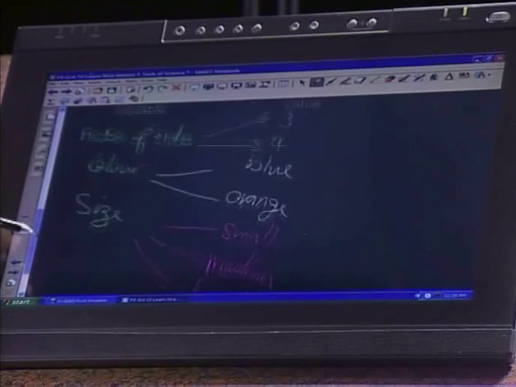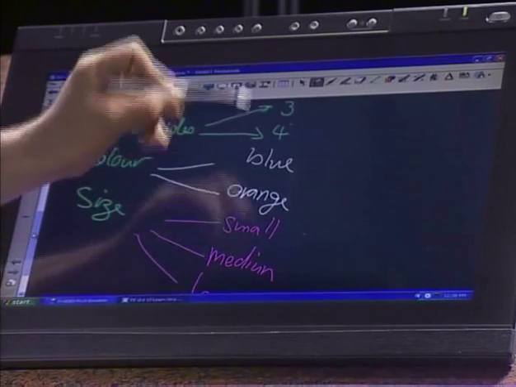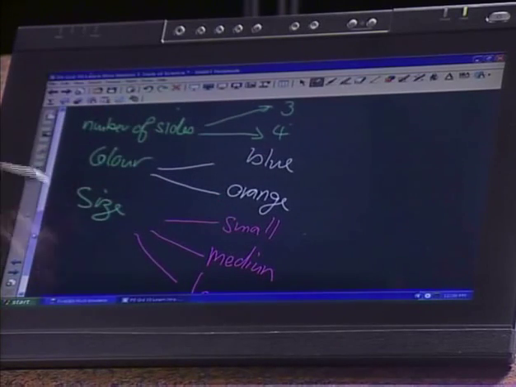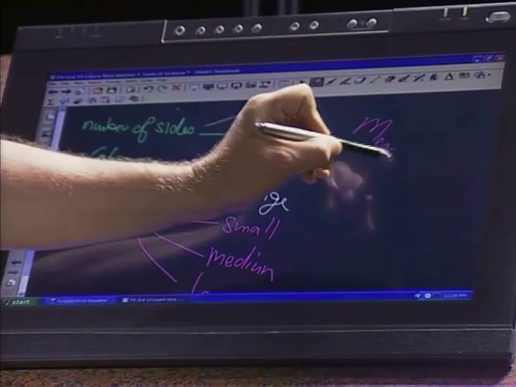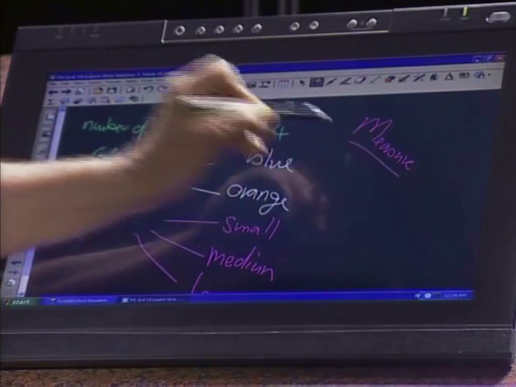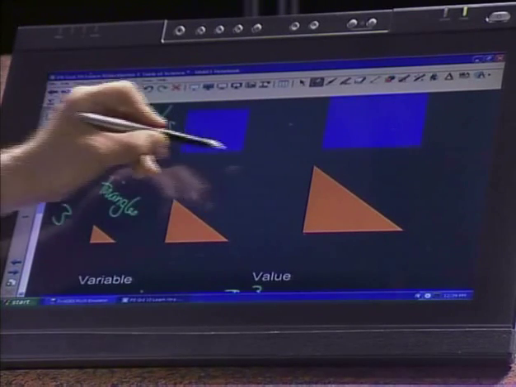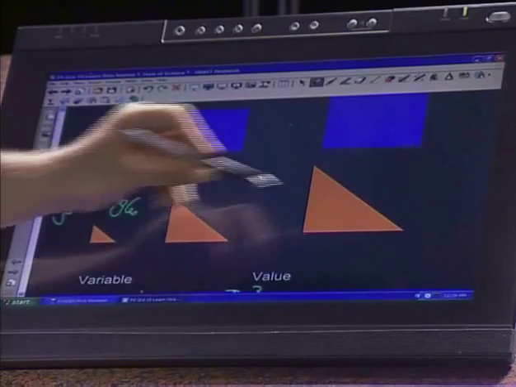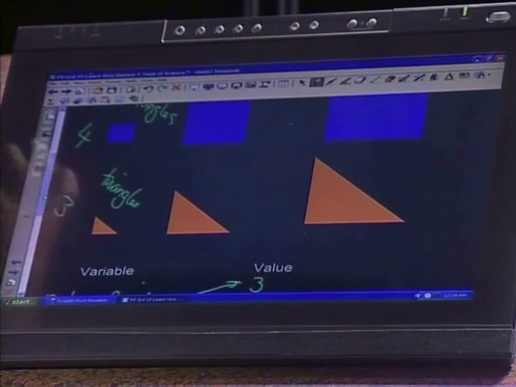So we've said enough about that, but just to make sure that you've got it clear, when we spoke about size and number of sides and the color, notice all of these were just quite easily observed. But we could go and measure those. We haven't. We could take a ruler and measure the sides and the length and so on, and be able to describe the difference in size in terms of area.